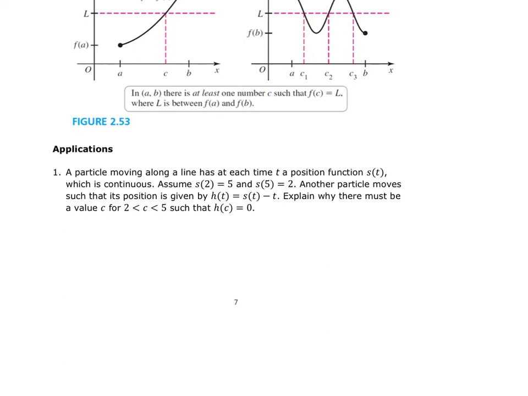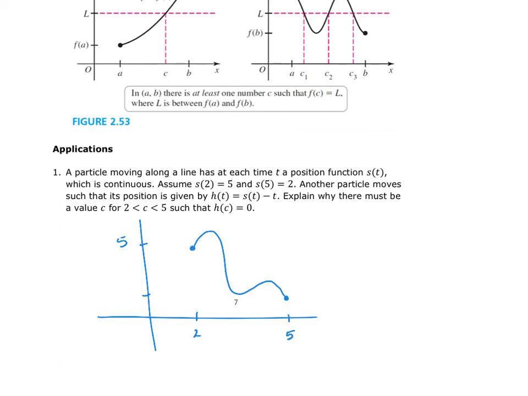So I'm just going to do a quick little sketch here. We know that s of 2 is 5. We also know at s of 5, the output is 2. So what we know is the graph has some shape. Who knows what the shape is? But I do know it's continuous from left to right.